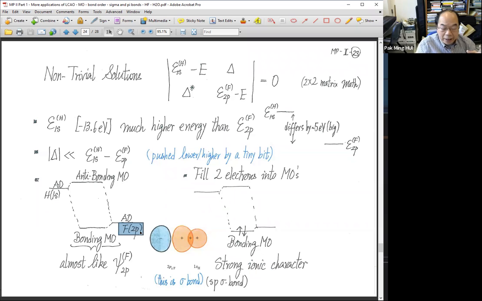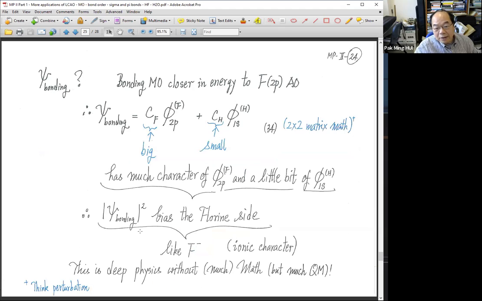That is to say, it is inclined or biased to the fluorine side. Now 2 electrons go to that side. It looks as if it is a fluorine minus ion. Okay, so it's all quantum mechanics at work. You don't need to remember it is ionic, forming anything like that, like general chemistry books. We are at a higher level than that.